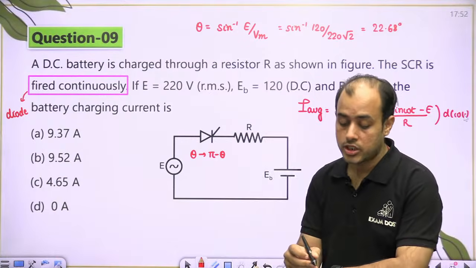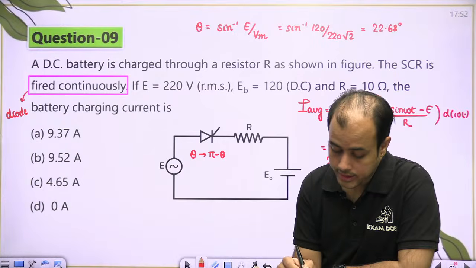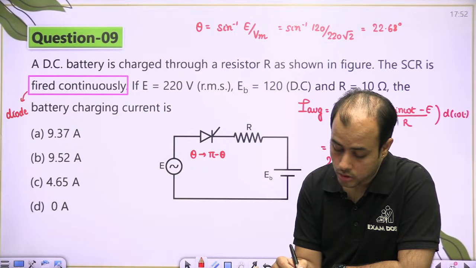This is the condition of the current. Now integration of sine will be minus cos.